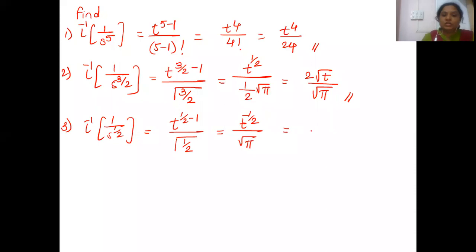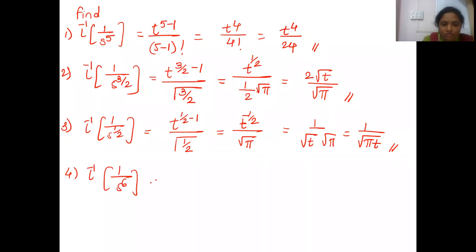Very good. So it is t raised to minus half in the denominator, and t raised to half is nothing but root t. So it is 1 upon root t into root pi, or you can write 1 upon root pi t. Is that correct? Is there any doubt? No. Good. Next.